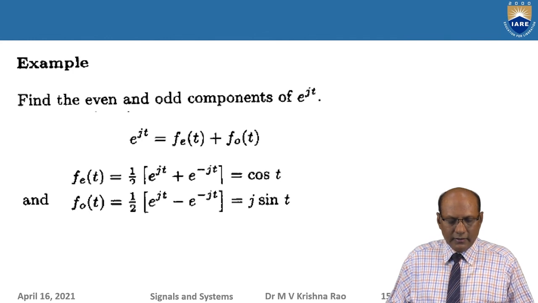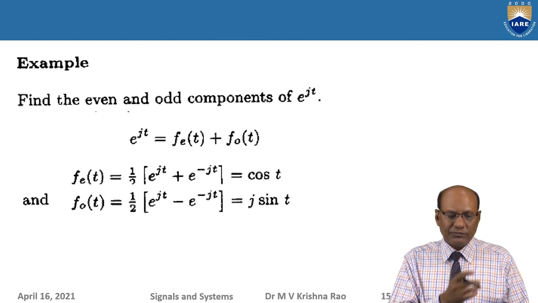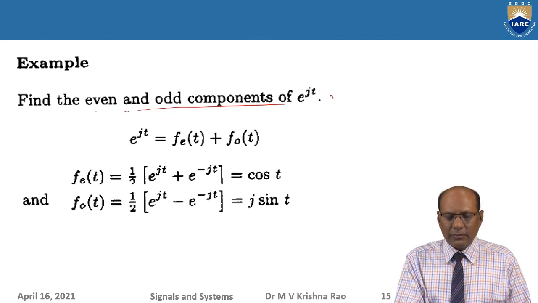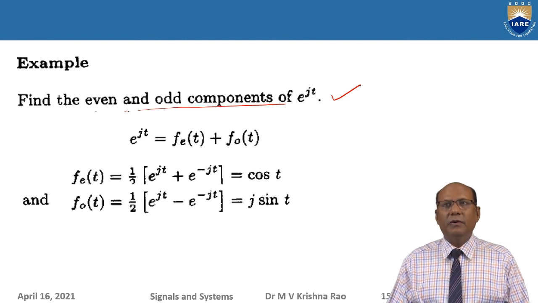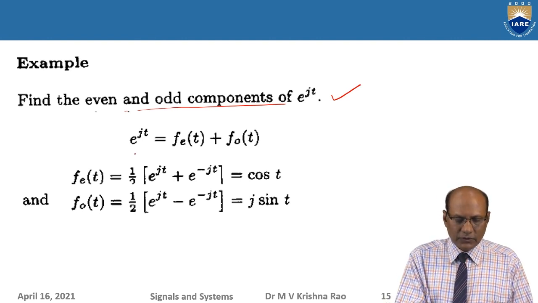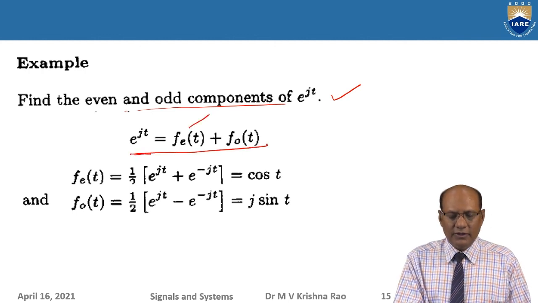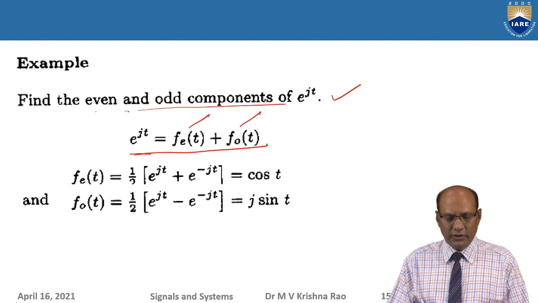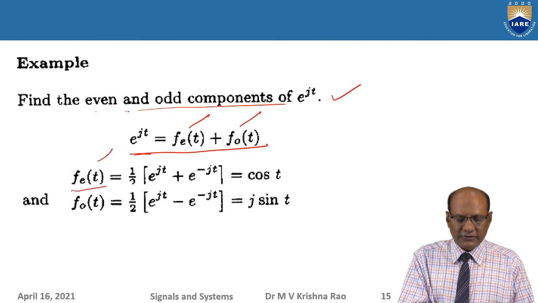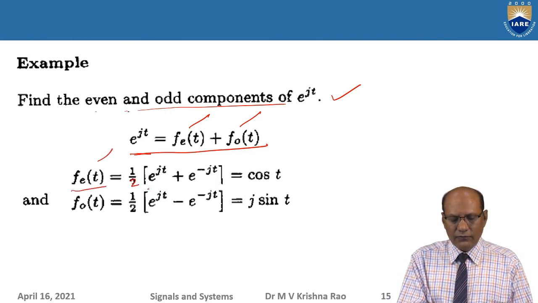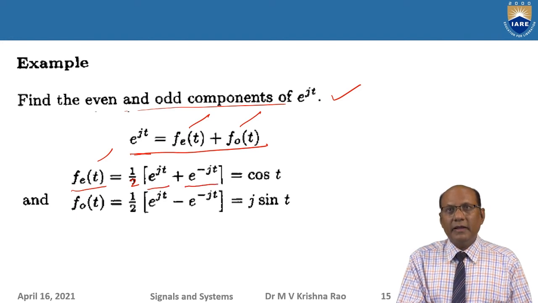So take another signal, another example. Find the even and odd components of e to the power of jt. E to the power of jt is a complex function. So I can represent this e to the power of jt as the summation of even part and odd part. What is the even part? The even part is obtained by half of the original signal plus the mirror image signal.